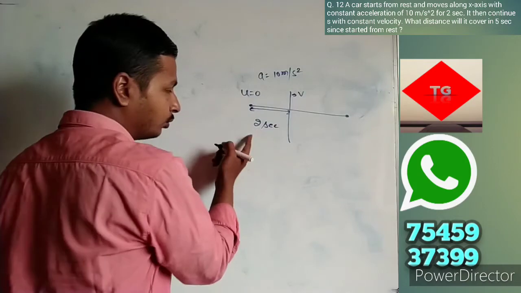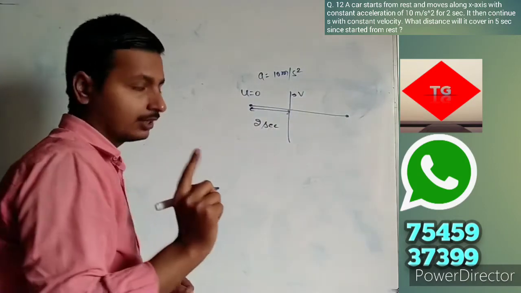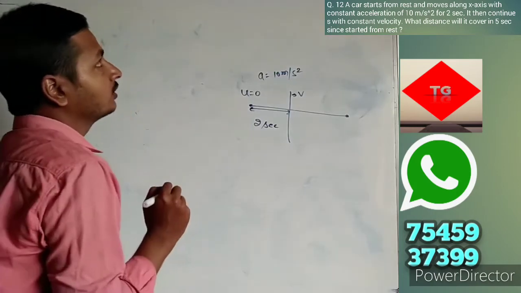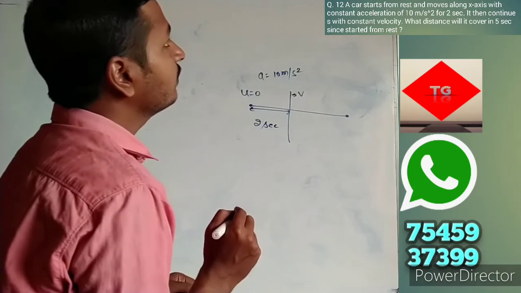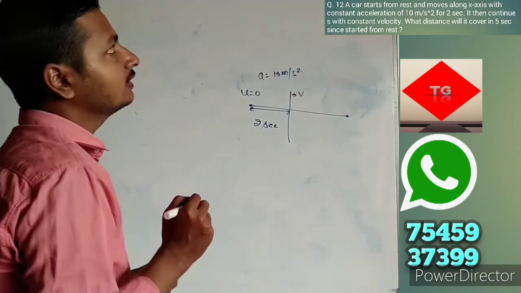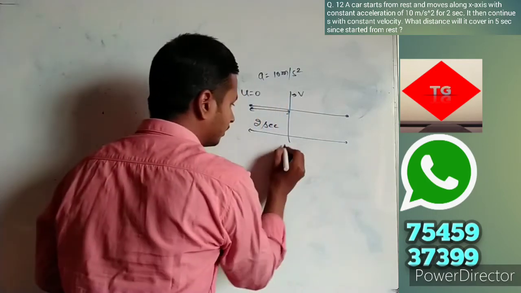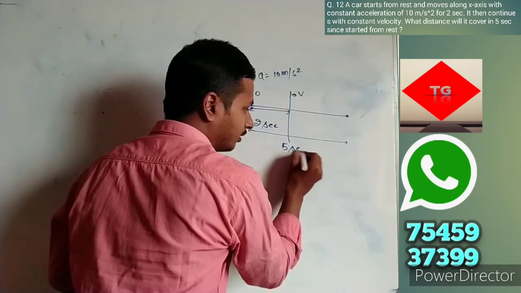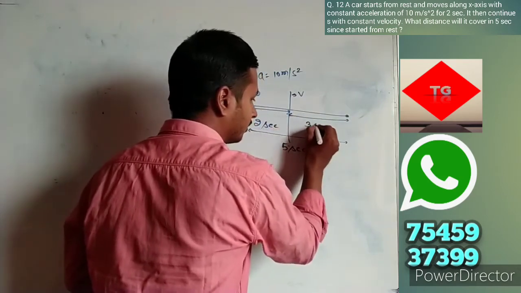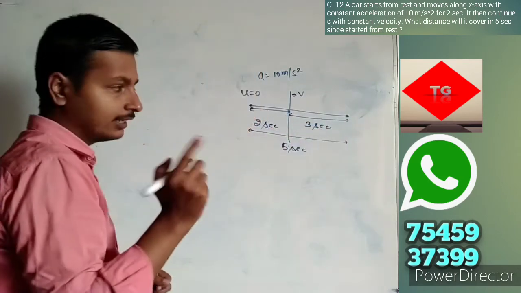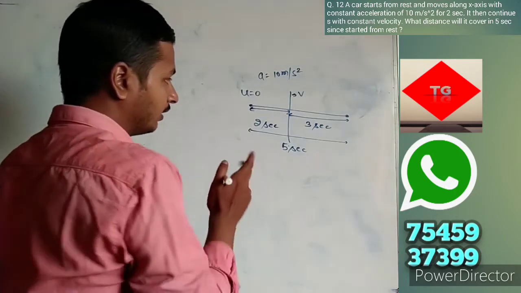After 2 seconds the velocity remains constant. There is no change in velocity, and what distance will it cover in 5 seconds since it started from rest? You have to calculate distance for 5 seconds, and here 3 seconds is left.